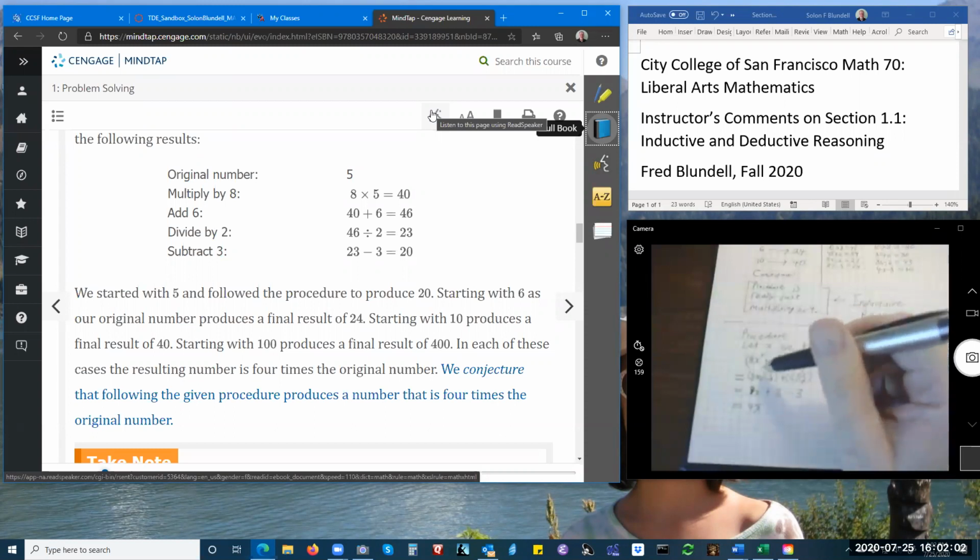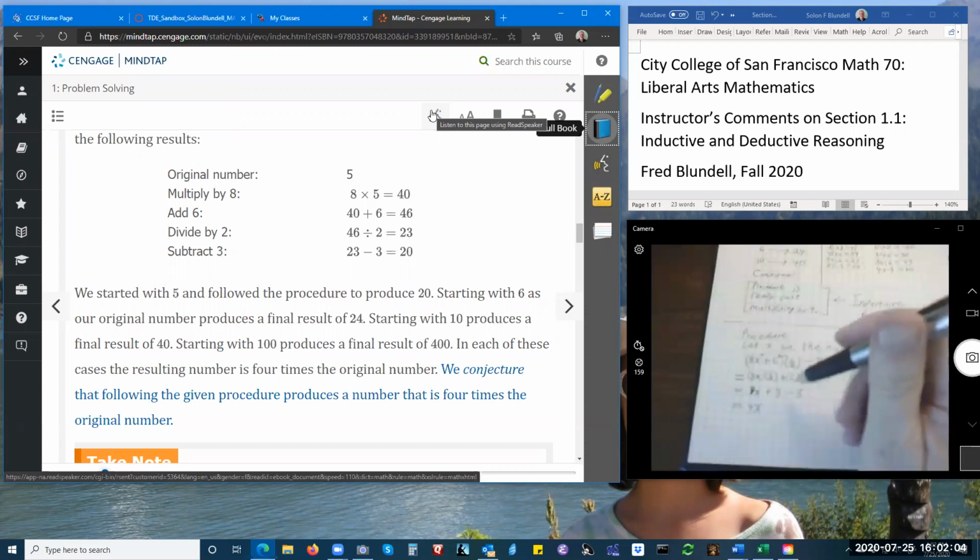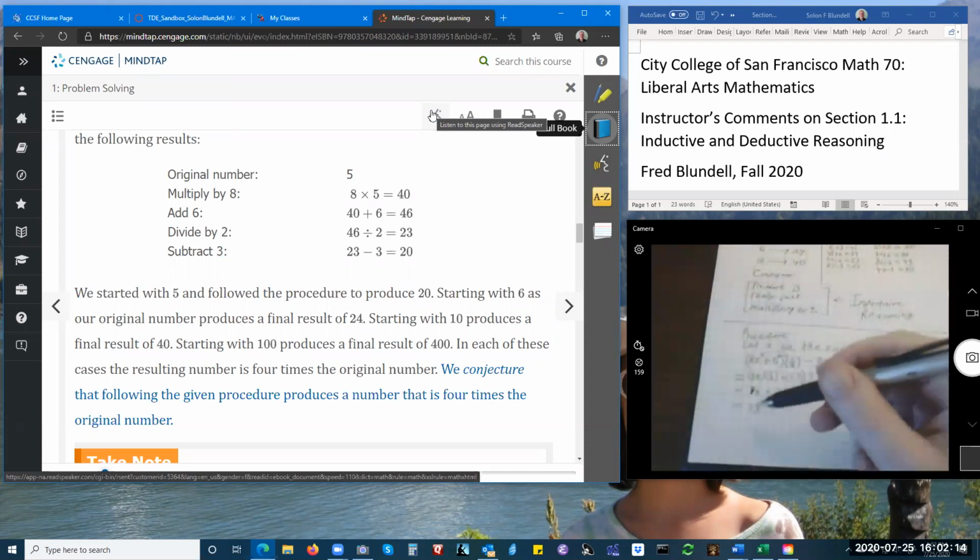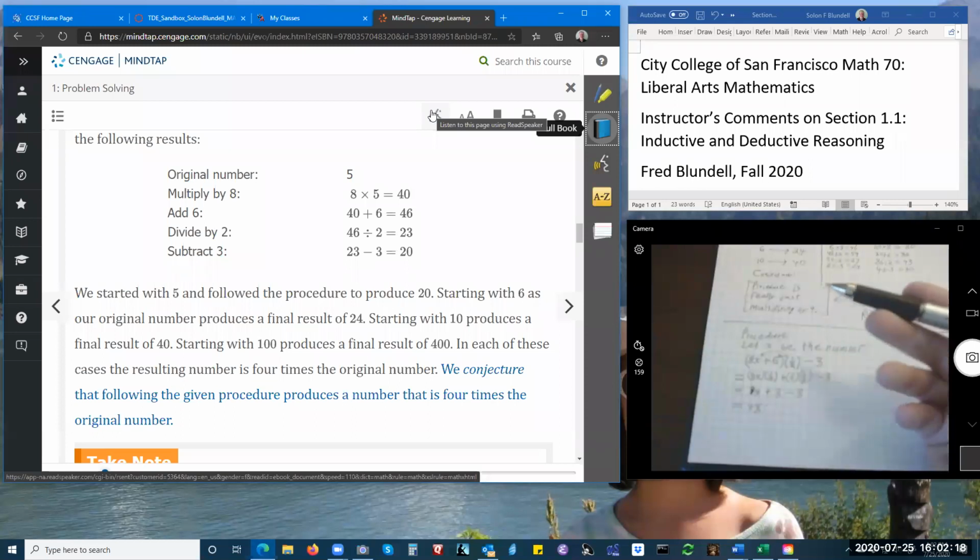It's a proof, but like all proofs, it just pushes all the questions back to an earlier level. It's saying the original procedure is the same as just multiplying by 4 if we believe the distributive property and the order of operations.